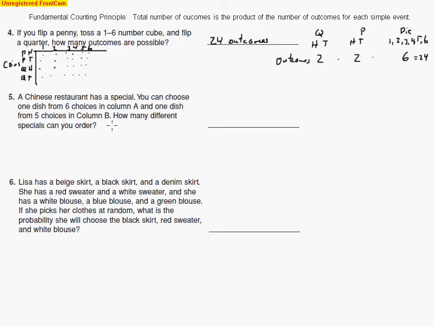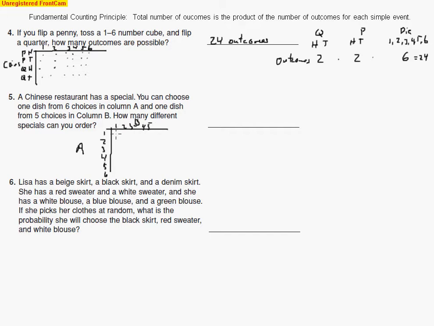You see the same thing here. Here they have 2 choices at this Chinese restaurant: column A and column B. In column A, you choose 1 dish from 6 choices, so 1, 2, 3, 4, 5, and 6. And in column B, we only have 5, so 1, 2, 3, 4, and 5.